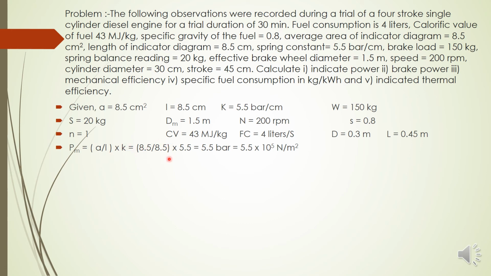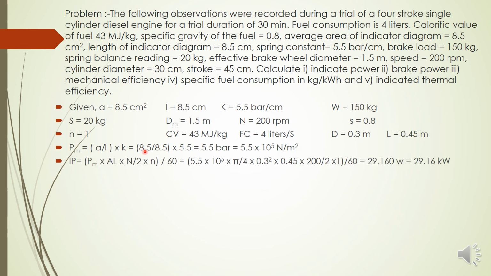All these are given, and its unit is 8.5 centimeter square by 8.5 centimeter into spring constant in bar per centimeter. So centimeter will cancel and we are getting mean effective pressure as 5.5 bar. Its SI unit is Newton per meter square, so it will be 5.5 into 10 raised to 5 Newton per meter square.